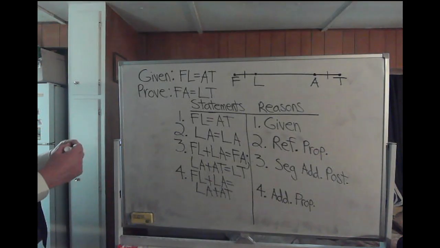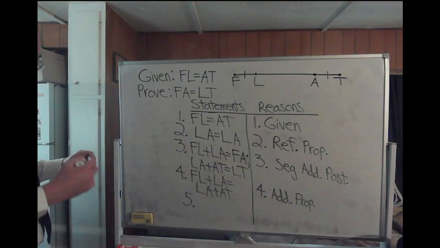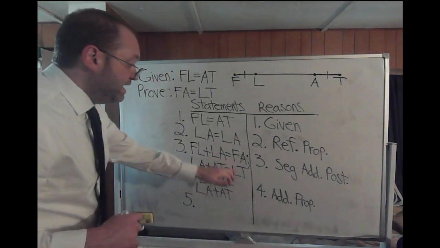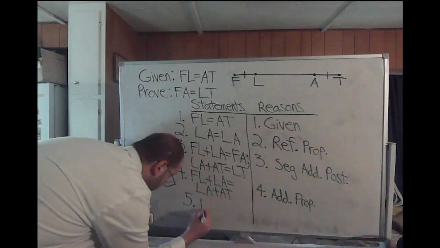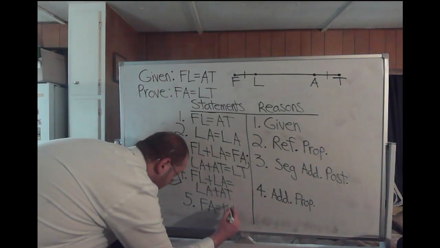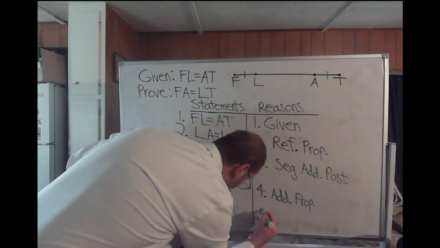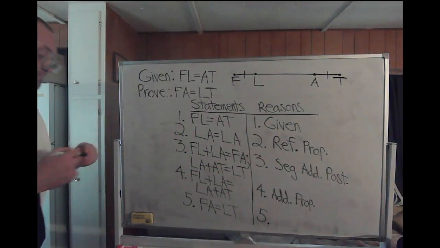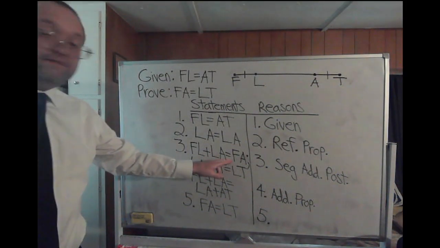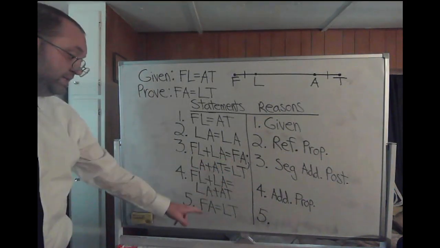Now, last one here, we have a 5th step. We can actually now arrive at FA equals LT. How can we say that? Well, for reason 5, let's look at this here, okay? FL plus LA, well, that's equal to FA, right? LA plus AT is equal to LT.